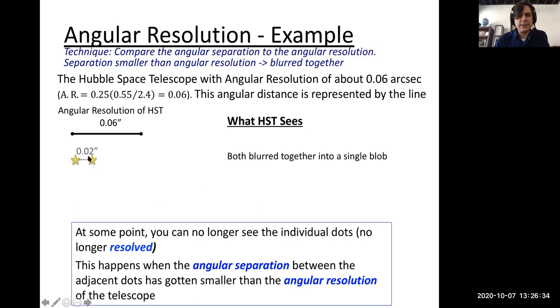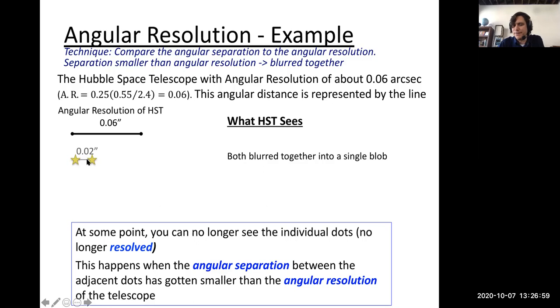So here we have two stars that have an angular separation, so they're really, really close to one another in the sky, of 0.02 arc seconds. Notice that angular separation is smaller than the angular resolution of Hubble. It's smaller than the smallest image that Hubble can make. So Hubble cannot make two separate images of stars.